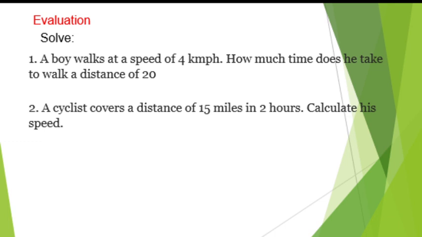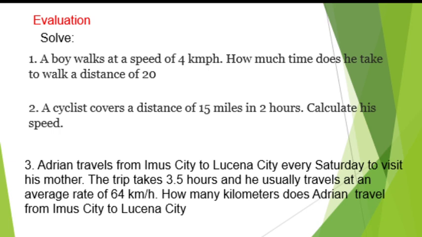Calculate his speed. And the last one is, Adrian travels from Imus City to Lucena City every Saturday to visit his mother. The trip takes 3 hours, and he usually travels at an average rate of 64 km per hour. How many kilometers does Adrian travel from Imus to Lucena City?